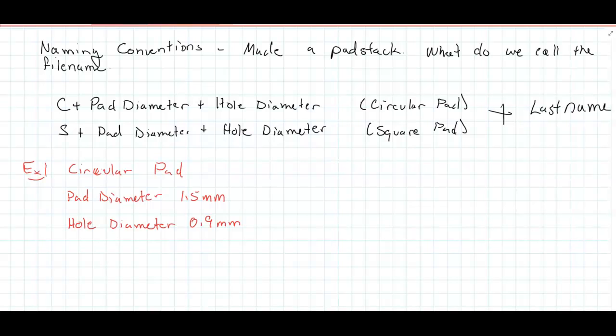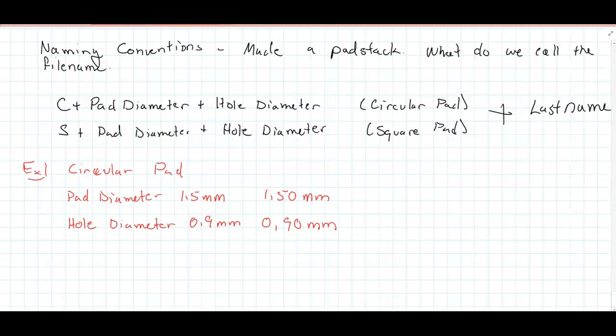One thing we always do here, which seems a little weird, is we always carry 2 decimal points. So I'm going to write this as 1.50 millimeters and this as 0.90 millimeters. We're always going to carry 2 decimal points.